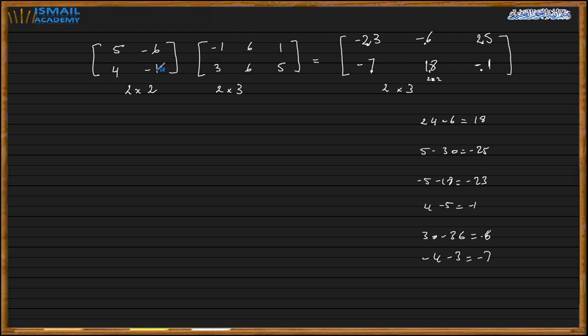Take the second row and times it by the second column. This one is 2, 3. Take the second row, times it by the third column. This is 1, 2. Take the first row, times it by the second column. This is 2, 1. Take the second row, times it by the first column.